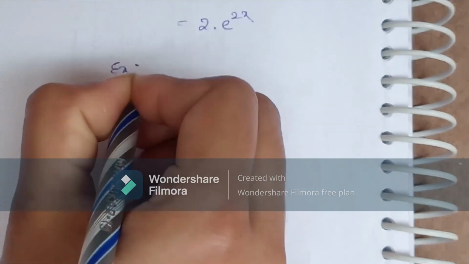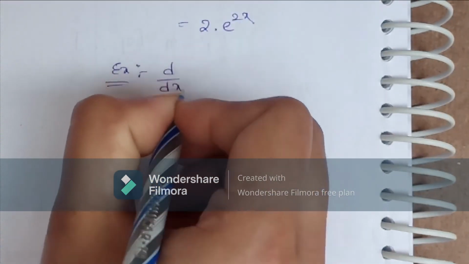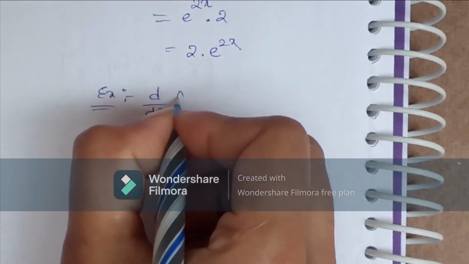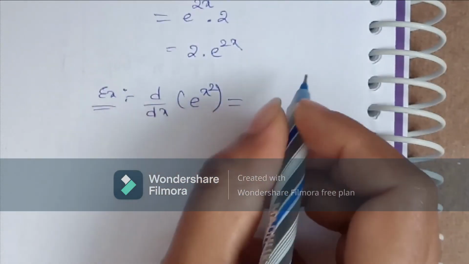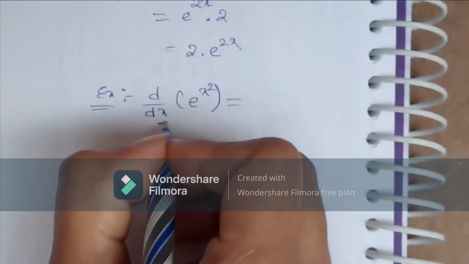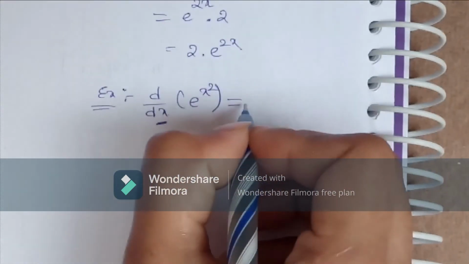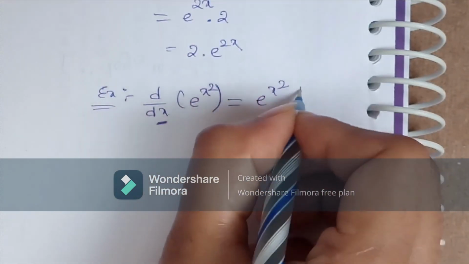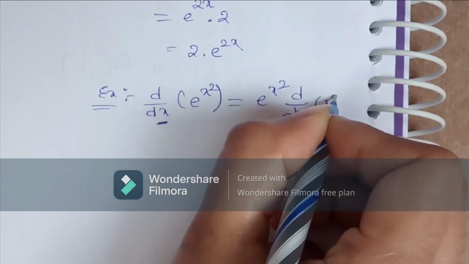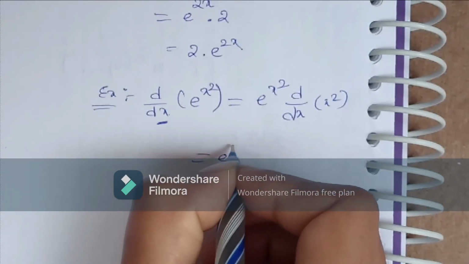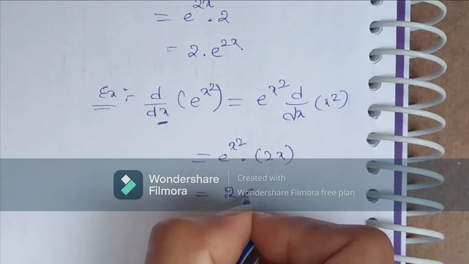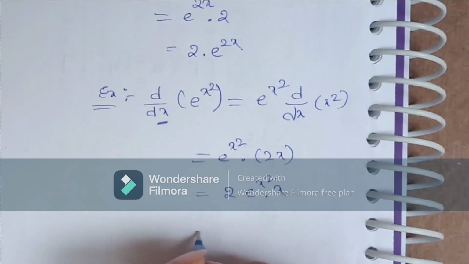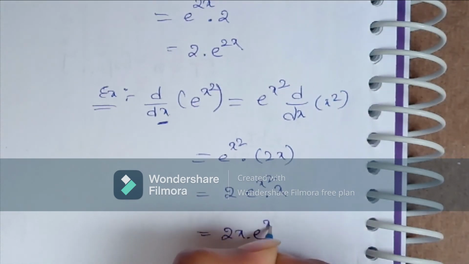Another example: d by dx of e power x square is e power x square into d by dx of x square, that is e power x square into 2x, so 2x into e power x square. This is the value.